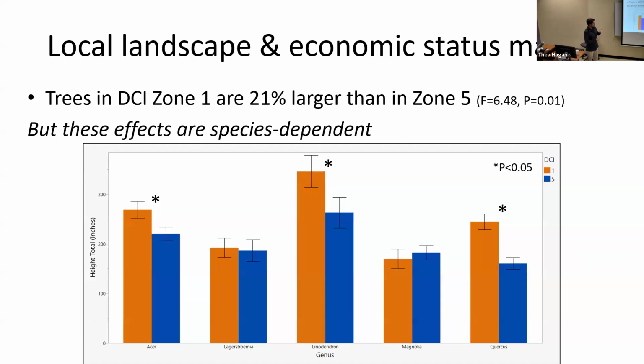We also found that trees in the economically prosperous neighborhoods were about 21% bigger than the trees in the economically distressed neighborhoods. But it again varied by species. So really our red maples, our tulip poplars, and our white oaks were significantly larger in DCI 1 than they were in DCI 5.